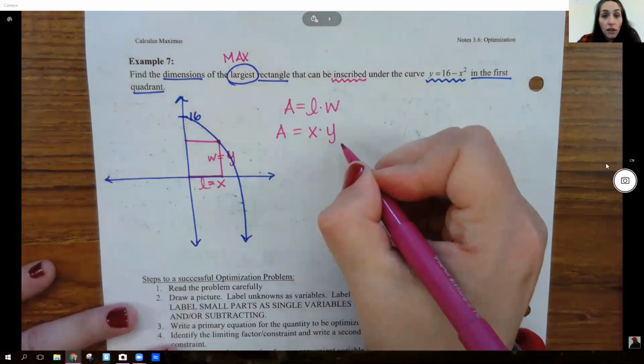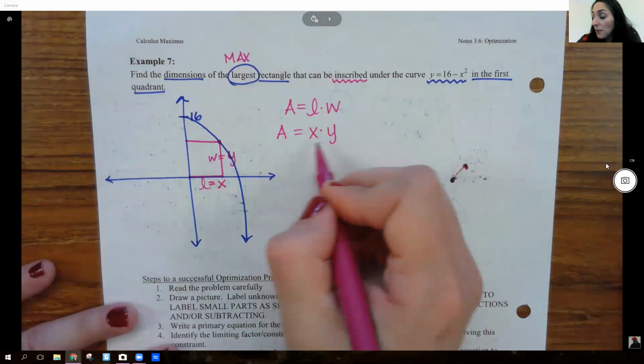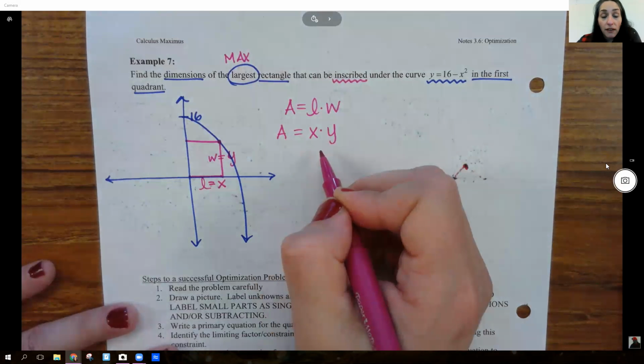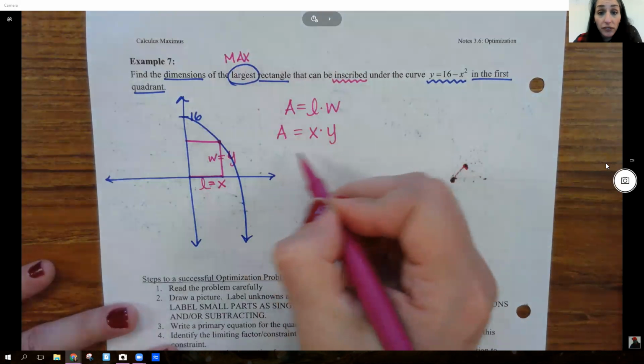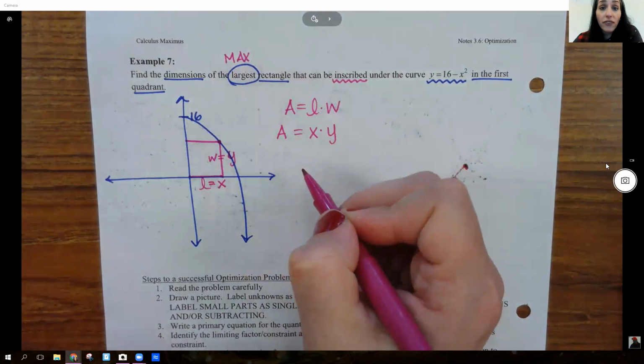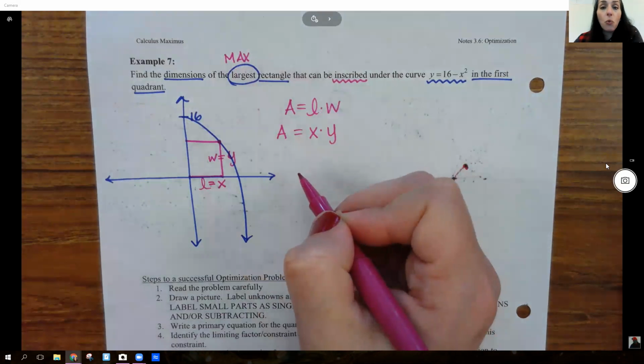Now I still have two unknowns. Because I'm going to have to maximize this, we're trying to find the maximum, the biggest rectangle. So I have to take the derivative, but right now I have two variables. I have to get it down to one variable.